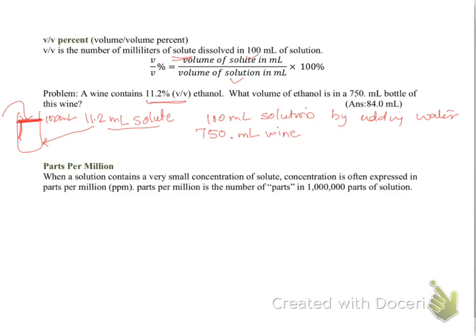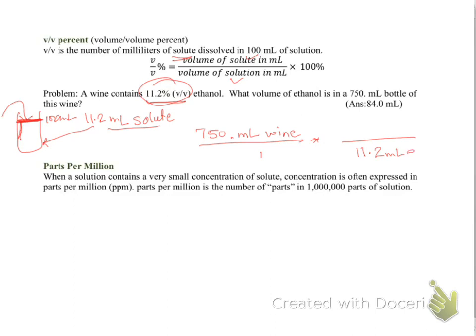So how much ethanol is in the 750 milliliter bottle of wine? I know from this relation that 11.2 milliliter of ethanol is present in 100 milliliter of wine.